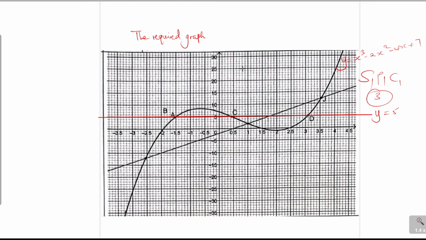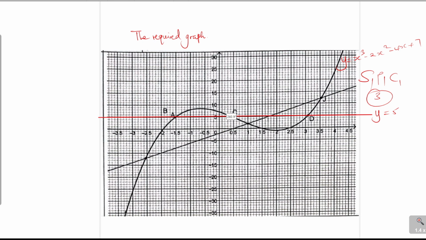Let's go to the other value. We have another one here. So this point here, let me mark it. The x coordinate of this point is 0.4.